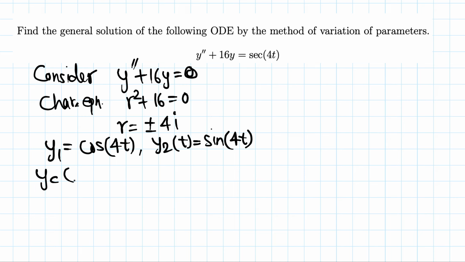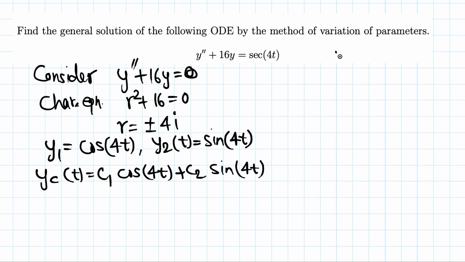The complementary solution yc is just c1 y1 plus c2 y2. The general solution is in fact y equals complementary plus a particular solution.